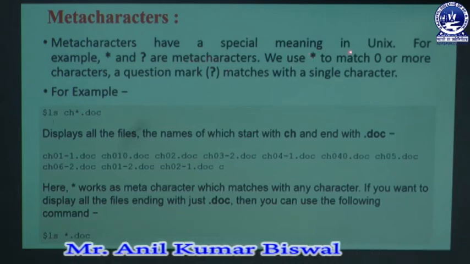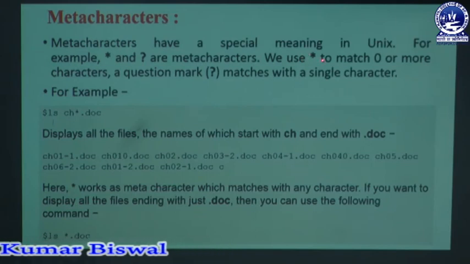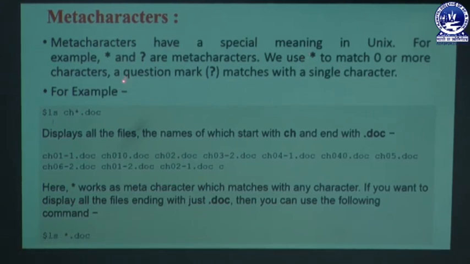We use the asterisk, or star, to match zero or more characters. In Unix we already use the star to mean all, meaning it can match every type of file. That's why it matches zero or more characters.